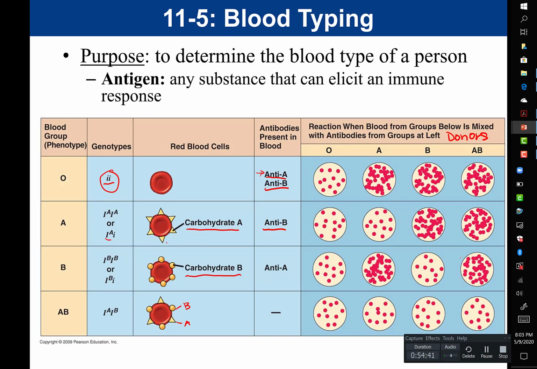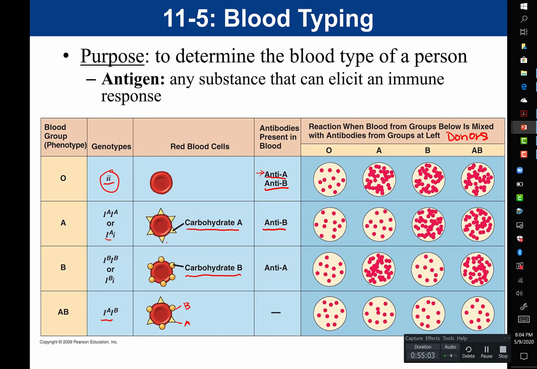If somebody is blood type AB, remember, A allele and B allele are codominant. They're both expressed. So the genotype for this has to be IA, IB. You have one A allele and you have one B allele.